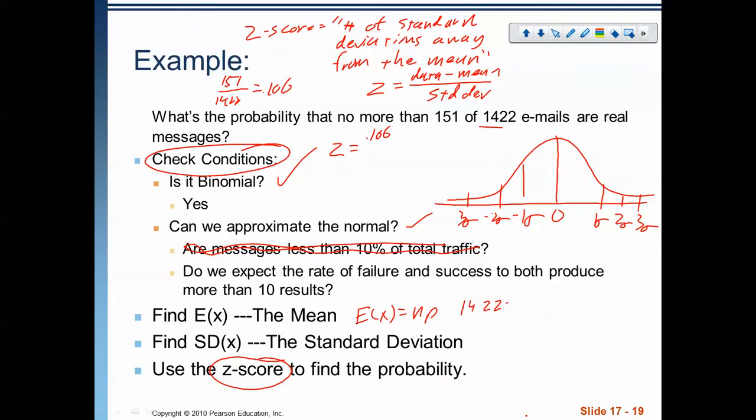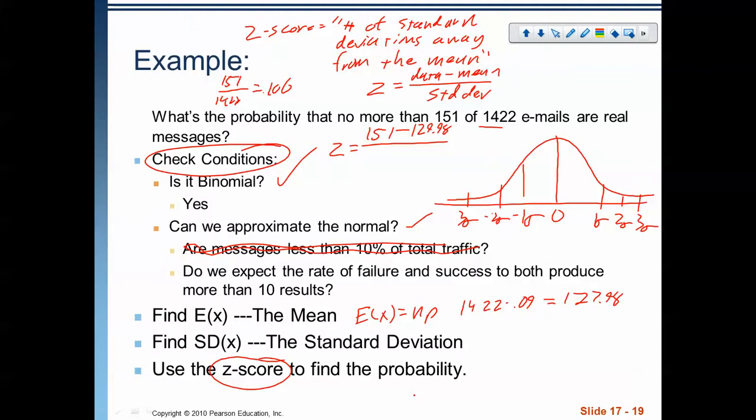In this case, we're talking real messages, so that's 0.09, and that is my mean. So that's 127.98. I think I lied to you a moment ago. We want this to be 151. Okay, so my mean is 127.98.